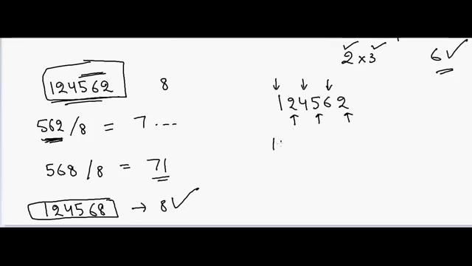So I'll say 1 plus 4 plus 6, that's 11, and then 2 plus 5 plus 2, that's 9. If I subtract 9 from 11, that gives me 2, and 2 is not a multiple of 11, so this number should not be divisible by 11.